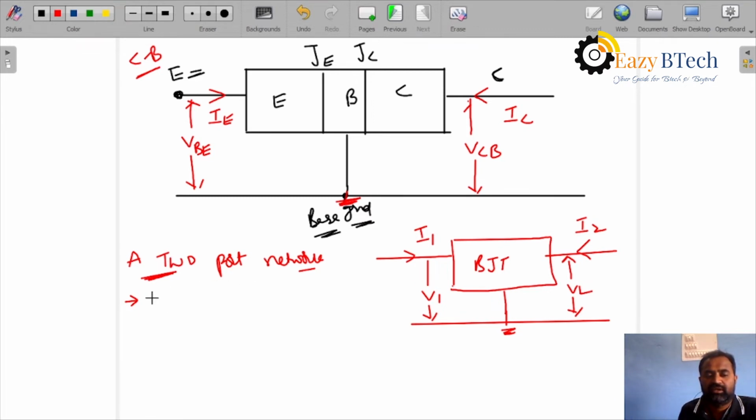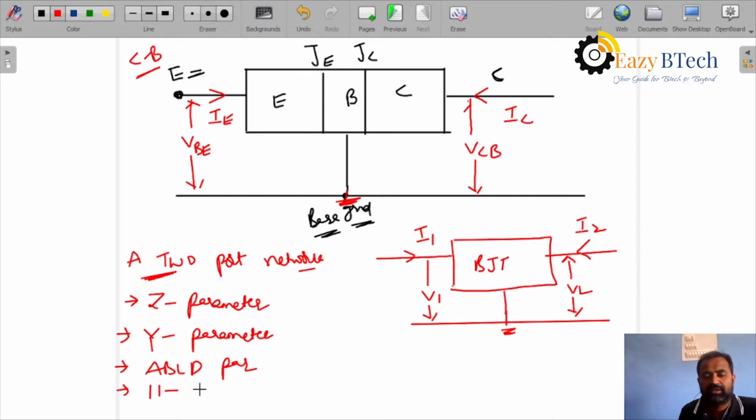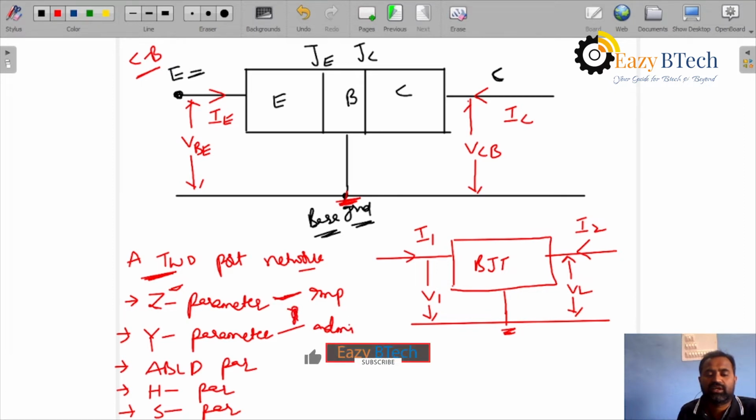They are the Z parameter, the Y parameter, the ABCD parameter, the H parameter, and the S parameter. Z parameters, impedance parameters, are used in electrical circuits, and Y parameters, admittance, are generally used for electrical analysis.